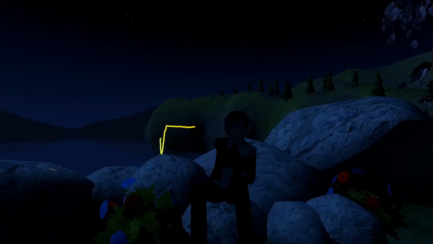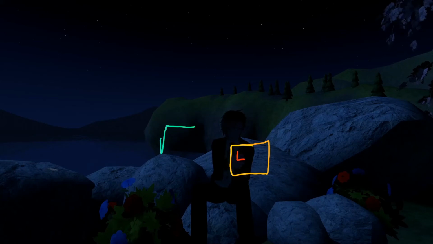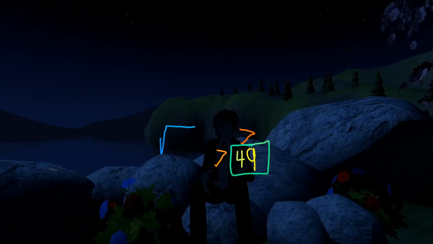So if I was to draw a square, and I was to use the number 49, this would be a squared number because 7 times 7 gives me 49. So if I was to write this in my calculator, the square root, and then you put 49 in, it would give you 7.